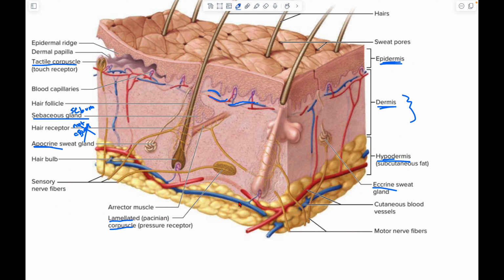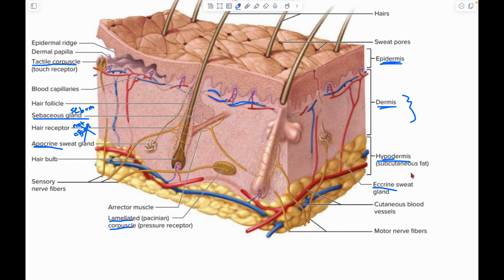Finally, below the dermis, we have the hypodermis, also known as the subcutaneous fat layer. This layer is not technically part of the skin, but it's essential for insulation and energy storage, and it helps cushion our muscles and organs against impact.